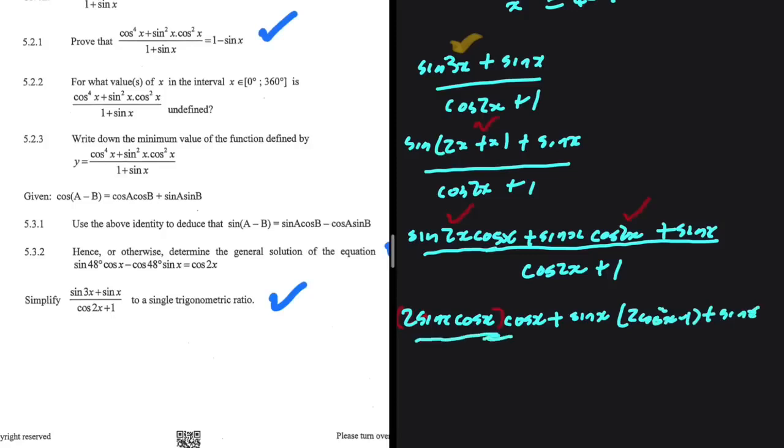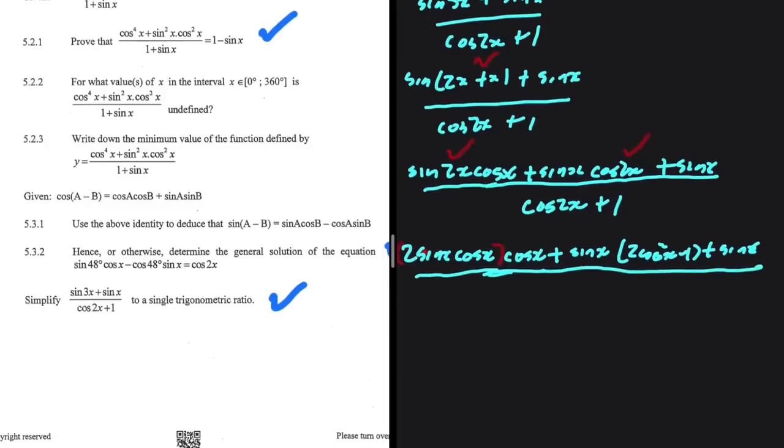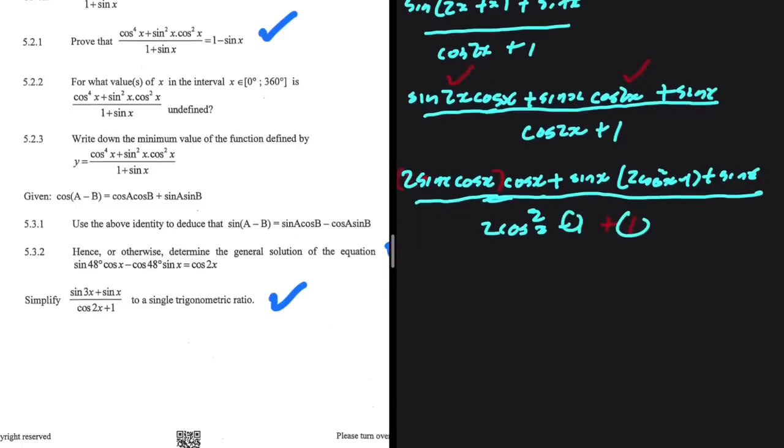So now we are going to change the denominator. I'm going to show you how. Cos of 2x is also equal to 2 cos of x everything squared minus 1. Okay, and then we have this plus 1 right here. Obviously, minus 1 plus 1 will give us 0. On the numerator, we're going to have 2 sine of x cos square x plus 2 cos square x sine of x.